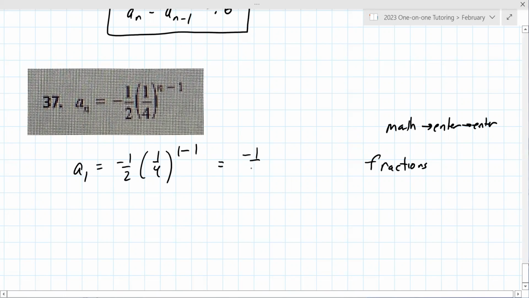Okay, so I'm going to go negative 1/2. Yes. Okay, give me the next one here.